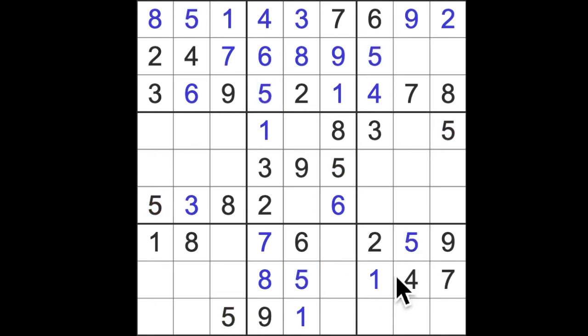Okay, but now what we've also done is given ourselves 3 numbers that go along here. A moment ago, before we placed that 5, we couldn't say for sure what these 3 numbers were, but now we have 3 empty numbers in a row. So the missing numbers are 3, 6, and 8.